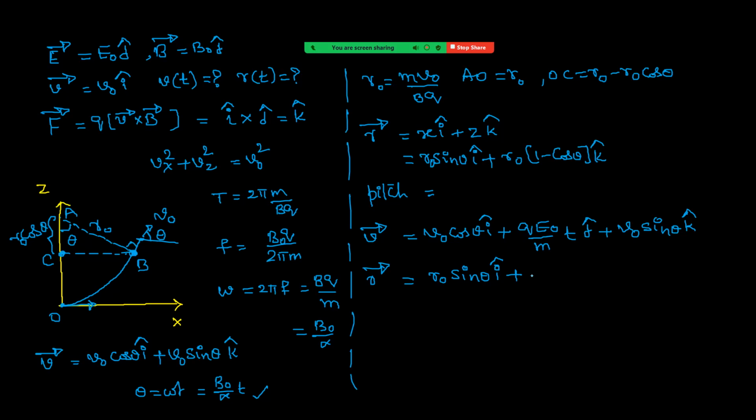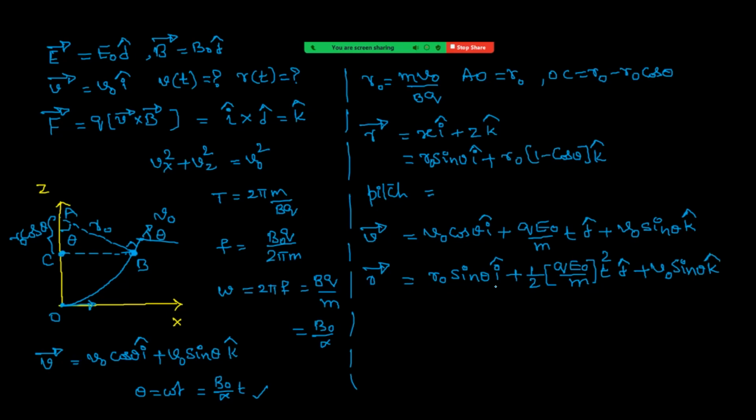So the displacement will be half a t square, half q E naught by m t square, j cap, plus the remaining as usual, v naught sine theta k cap.